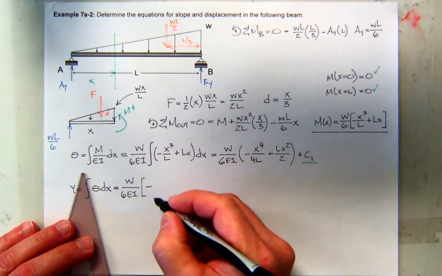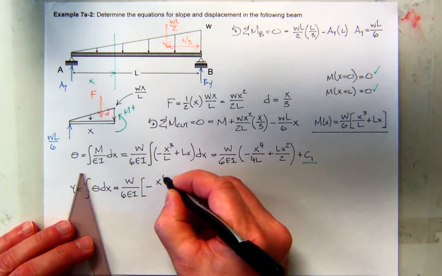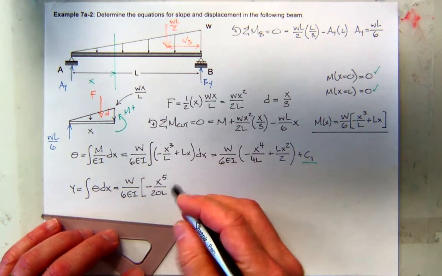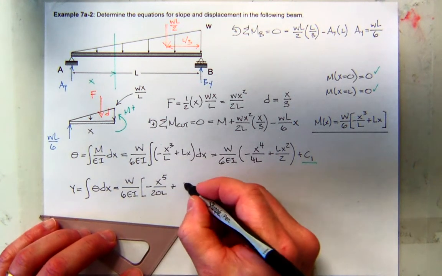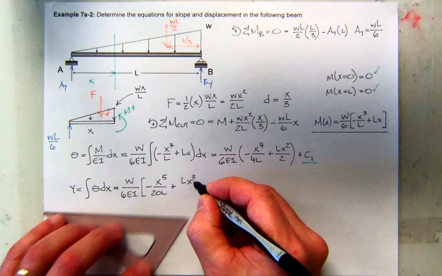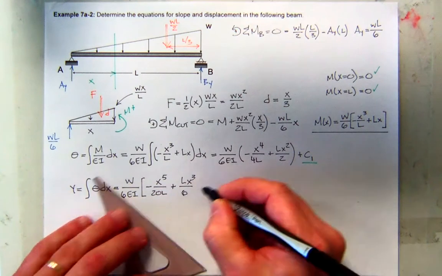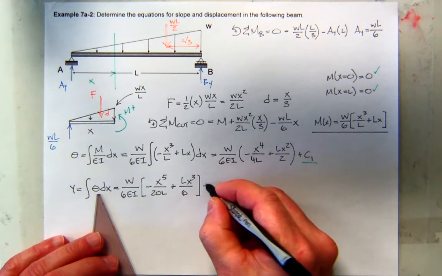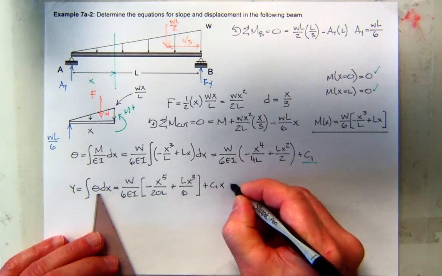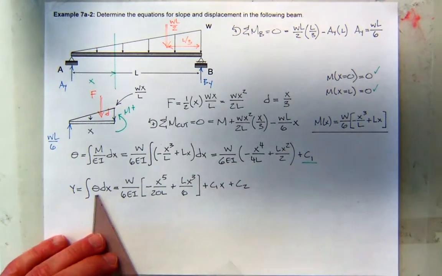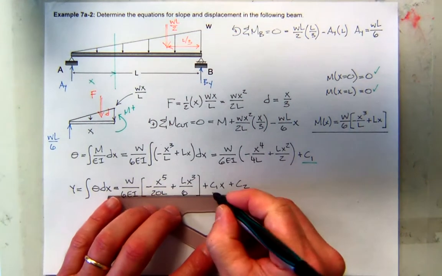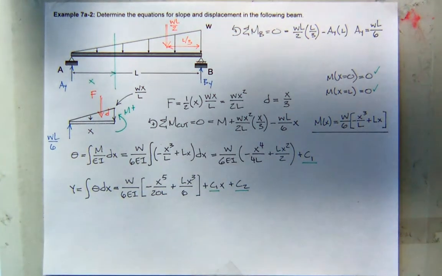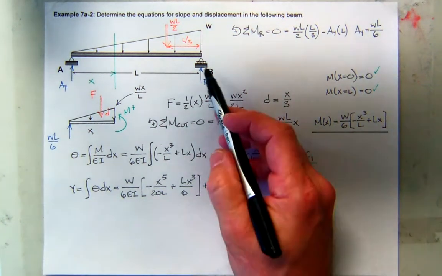Let's see, we got x to the 5th over 20L plus Lx cubed over 6. And then C1, so that's easy, C1x, and then a new integration constant, C2. So we're really looking at what is C1 and C2 such that this equation matches our boundary conditions.